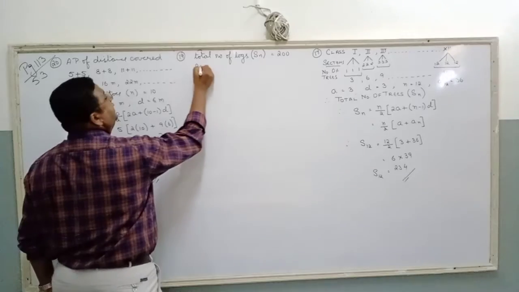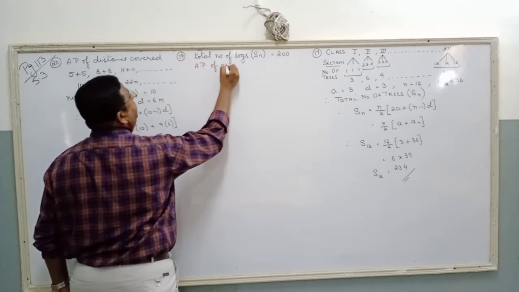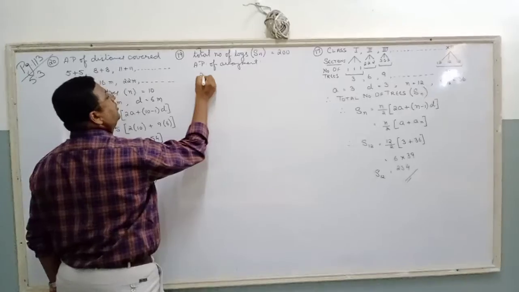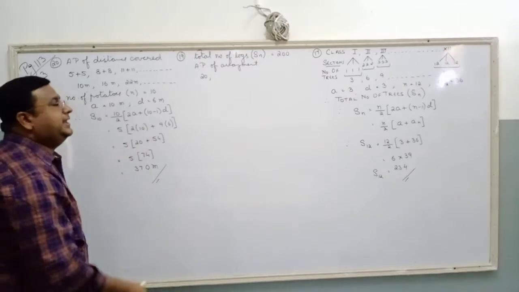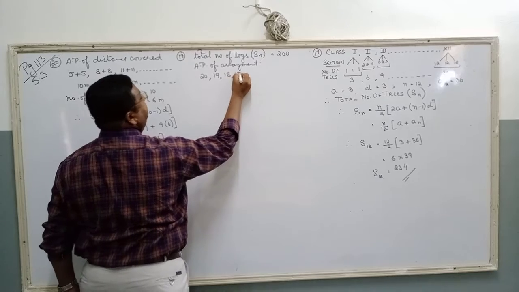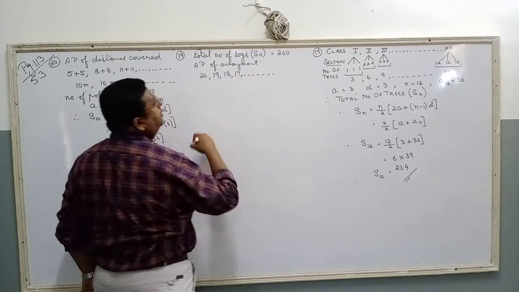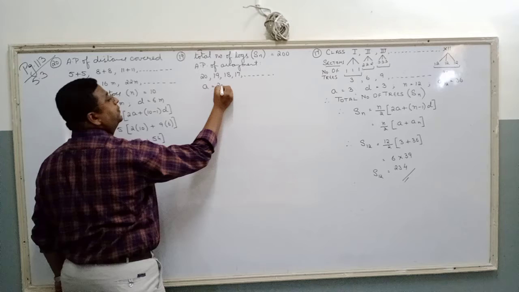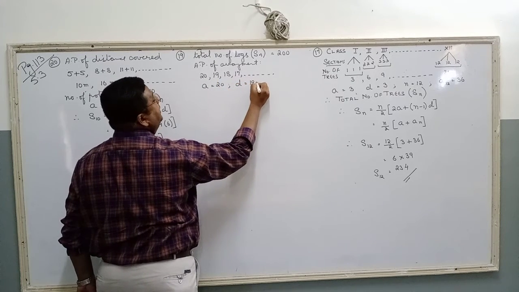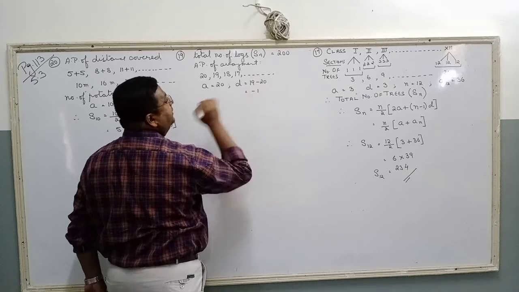And the arrangement is an AP. The first row, that is the bottom row, has 20, then the next one 19, the next one 18, and 17 and so on. So how much is a? 20. d is 19 minus 20, that is minus 1.